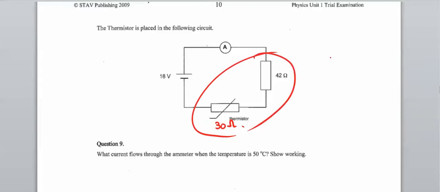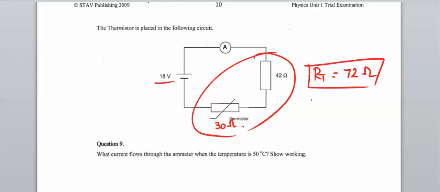Now, at this stage, we're going to have a total resistance of 72 ohms. What happens is the resistance can change. The voltage supplied by the circuit is always going to be the same, which is 18 volts. So the only thing that's really changing is the current.